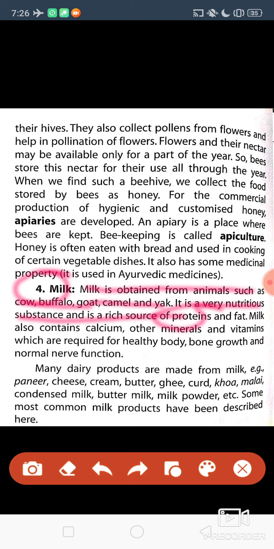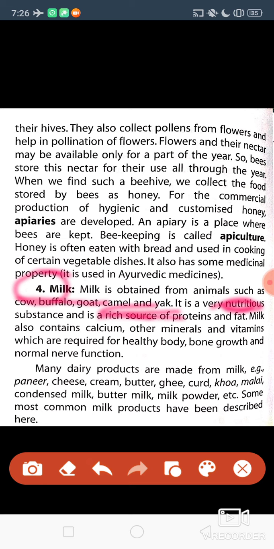So what is milk? First of all, it is obtained from where? Obtained from animals. And what kind of animals? Cow, buffalo, goat, camel and yak. And it is very nutritious. Too many nutrients are there in milk.